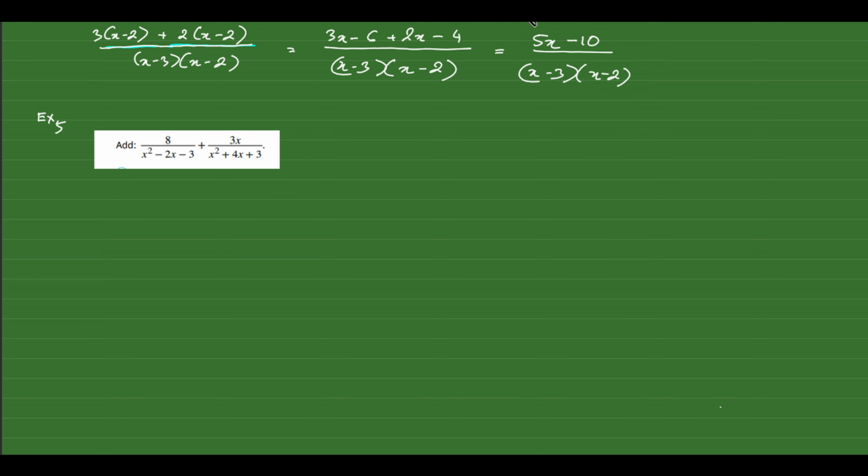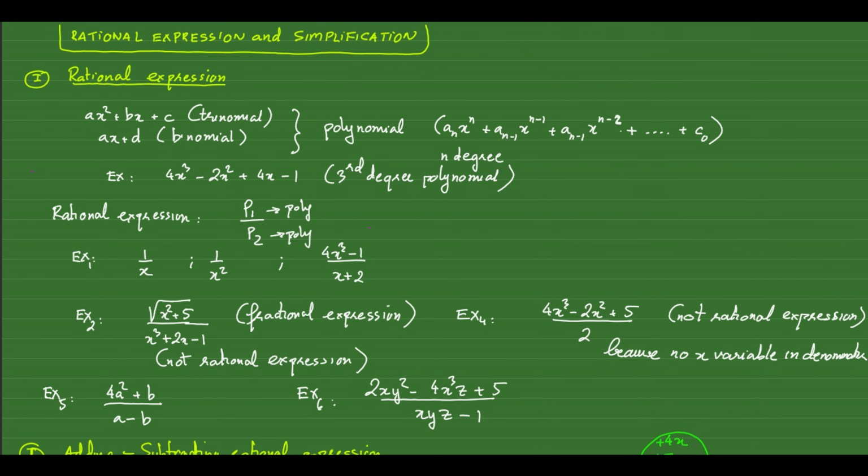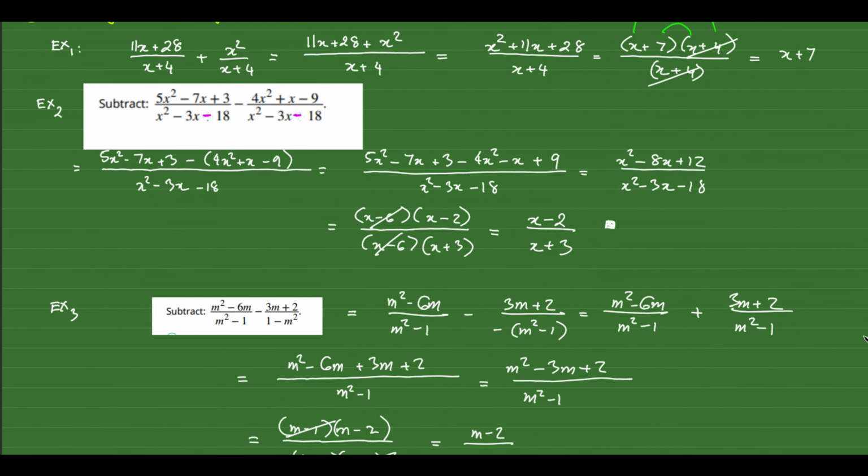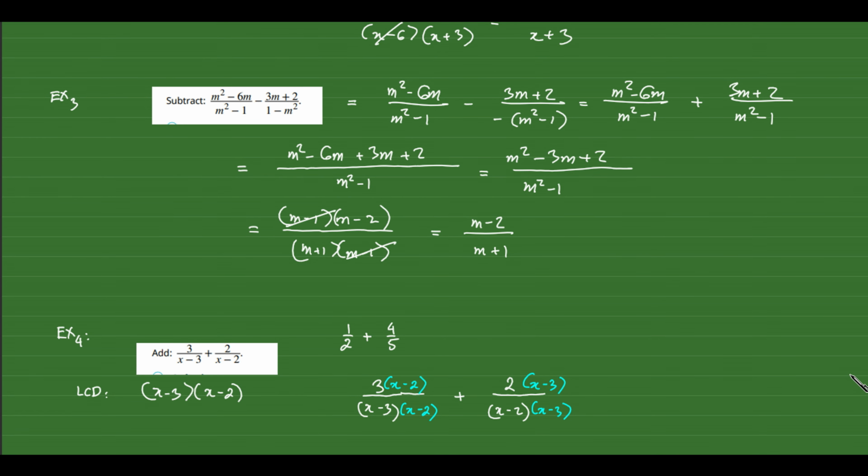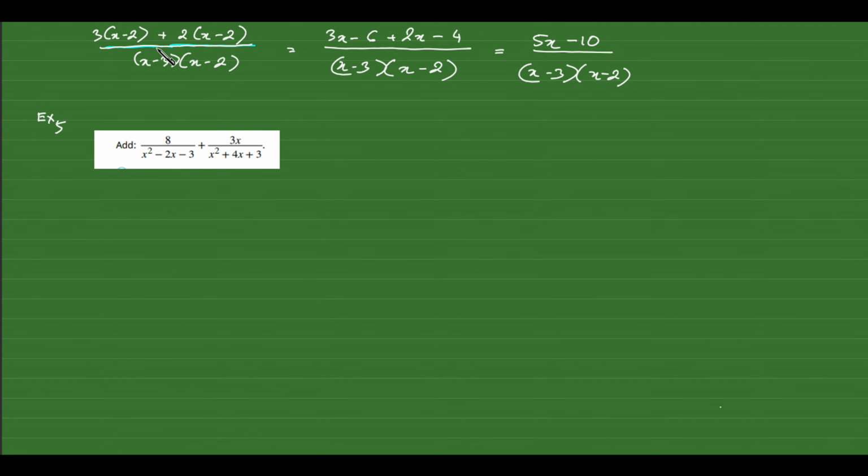Okay, let me check one more time, make sure I rewrite correctly. Okay, plus it's 3x minus 2, 2x minus 3. Oh, see that is 2x minus 3. I'm sorry. So this gives you negative 6.